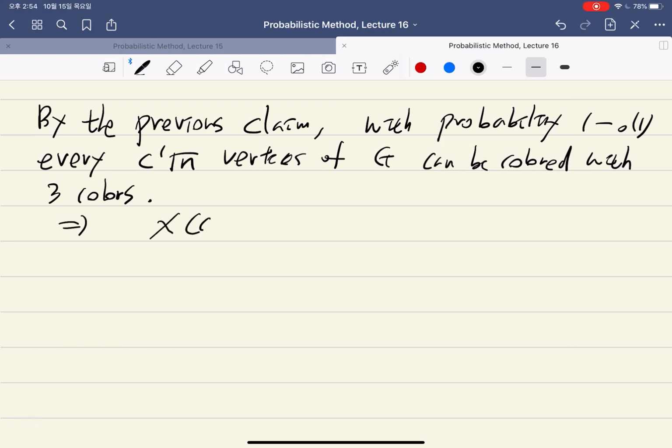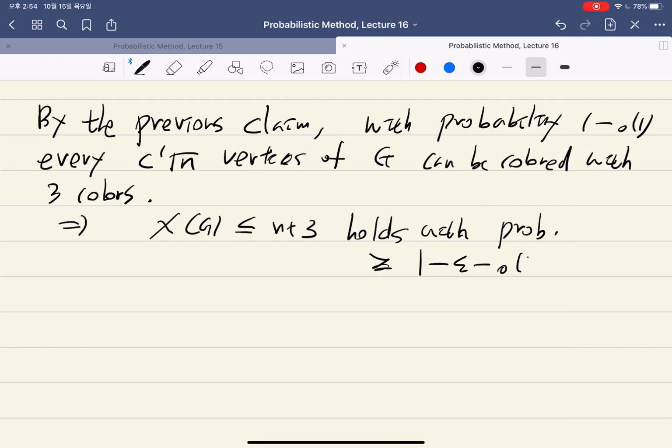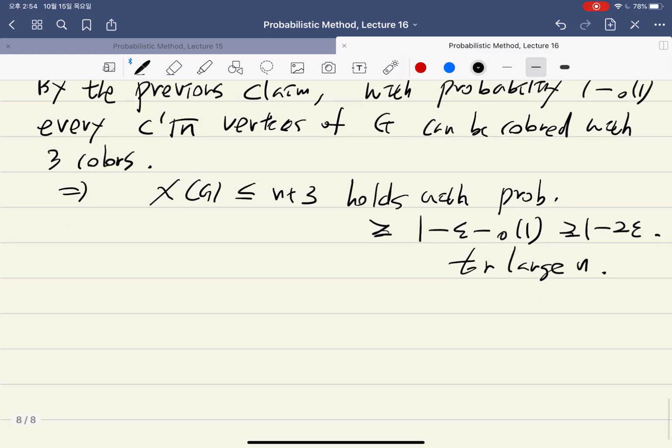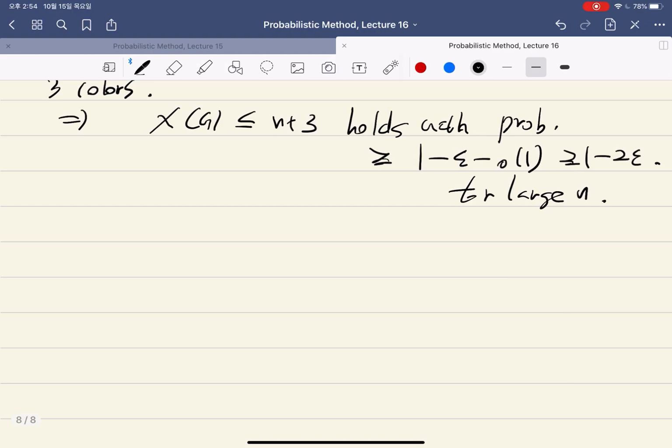Hence, we know that this holds with probability at least 1 minus epsilon minus o(1), which is at least 1 minus 2 epsilon for large n. Again, by minimality of u, it ensures that it's at least u with probability 1 minus epsilon.